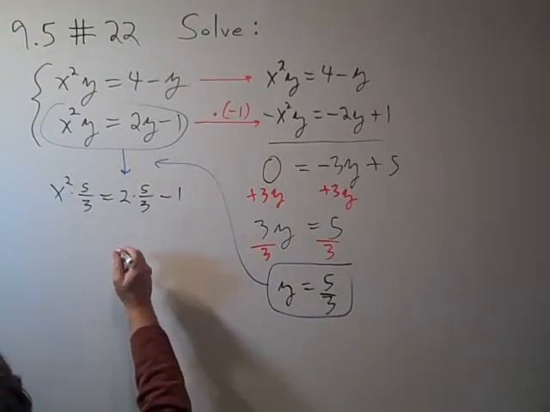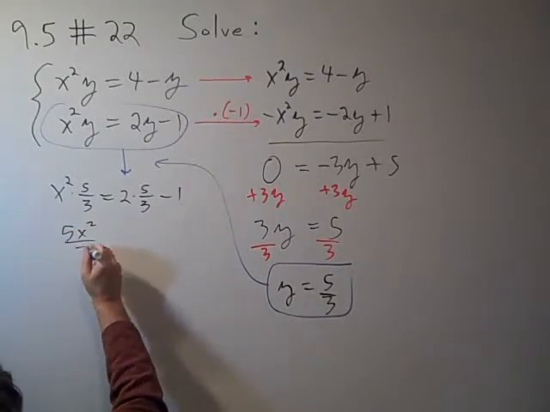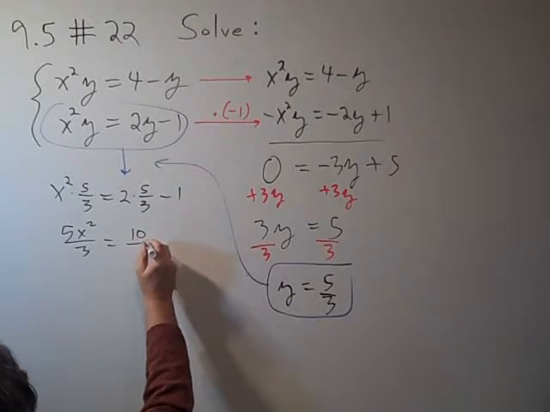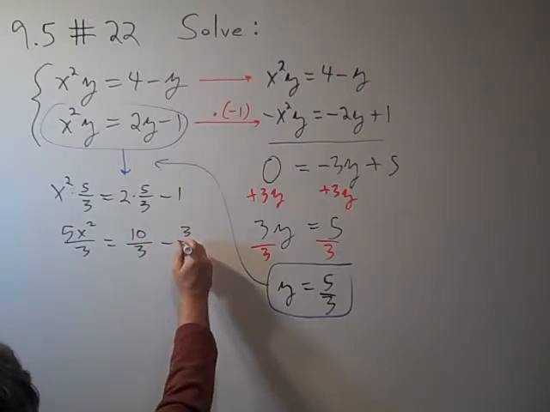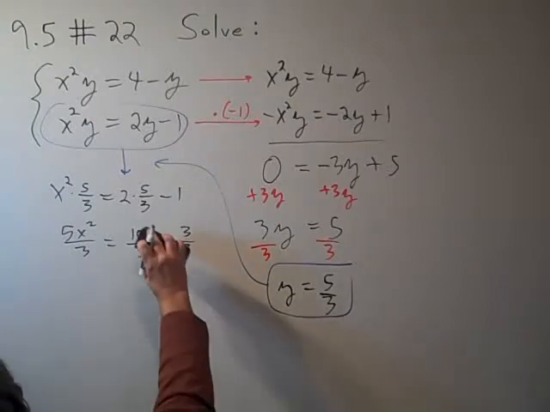This means that 5x squared divided by 3 is equal to 10 divided by 3 minus 3 divided by 3. And 10/3 minus 3/3 is 7/3.